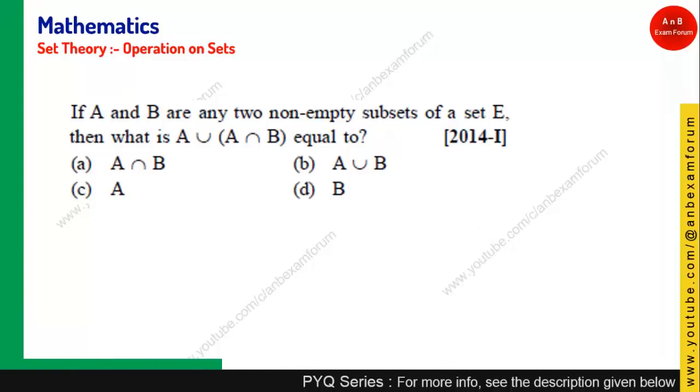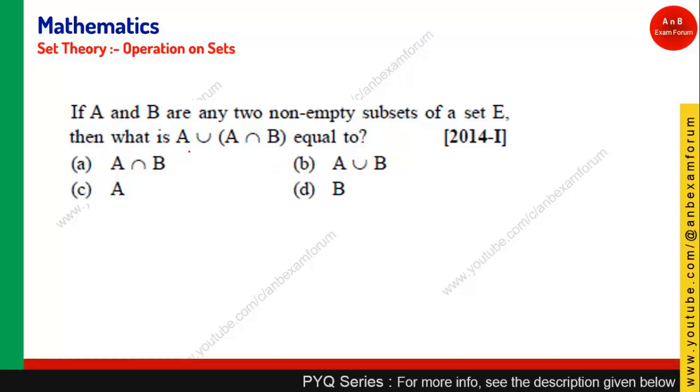So there are 2 non-empty subsets of E, and you need to tell what is the equivalent of this. Student, if you try to solve with simplification, you will get into trouble, so it is better to solve with a Venn diagram.